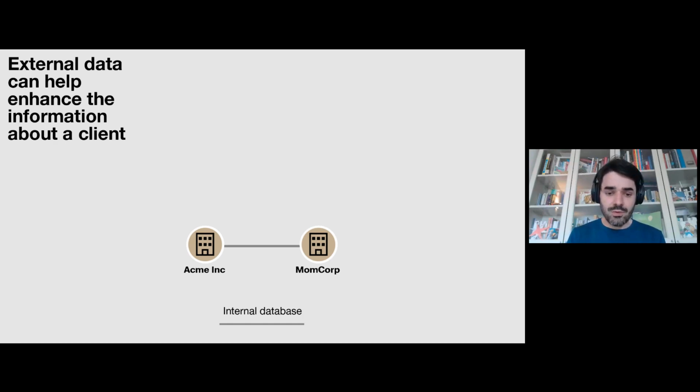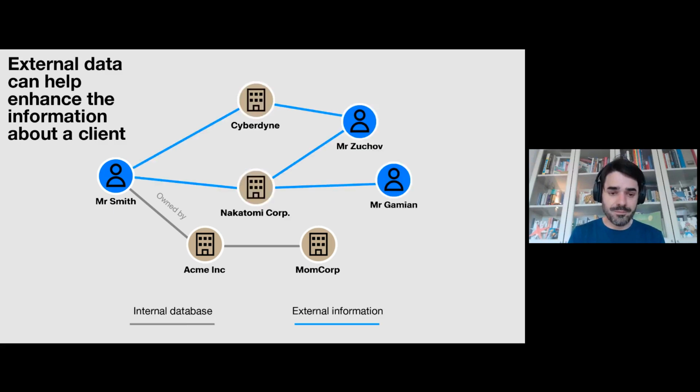So here we are looking at the connections between these two entities. And I can see that Acme Inc. is connected to Mr. Smith. And that's also part of my internal database. But now, when I bring up some information coming from an external data source, I may see that Mr. Smith is actually linked to these two new companies, Cyberdyne and Nakatomi Corp.